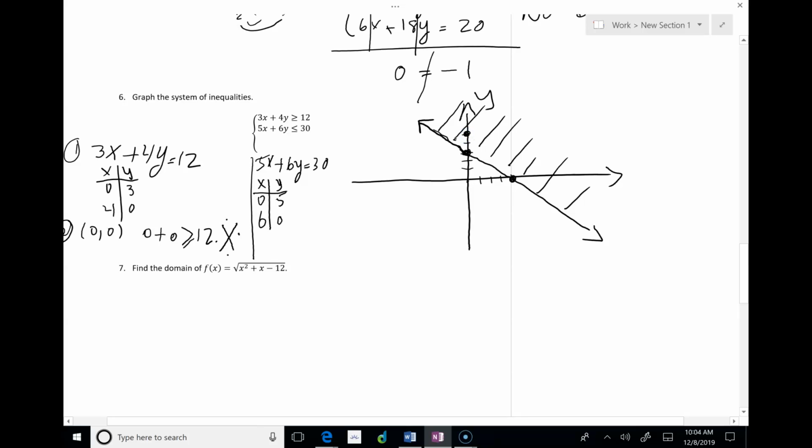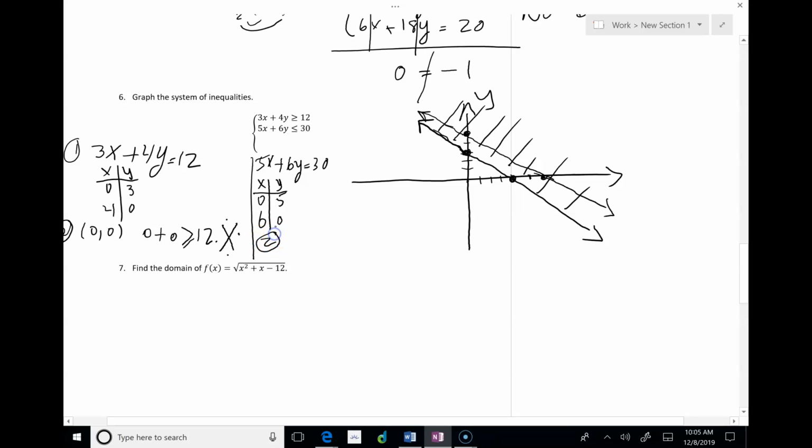When y is 0, x is 6. These lines are not parallel and there will be some intersection, but that's going to be way out there. So we don't find it now.